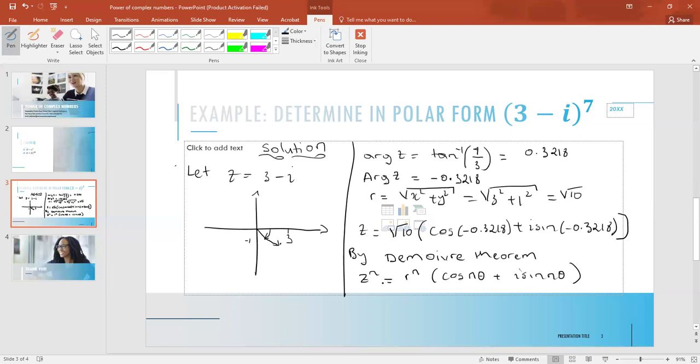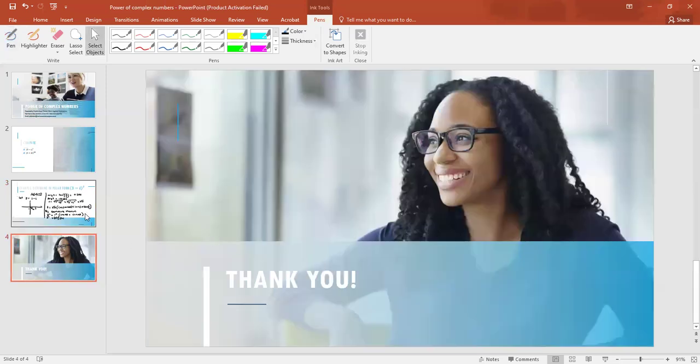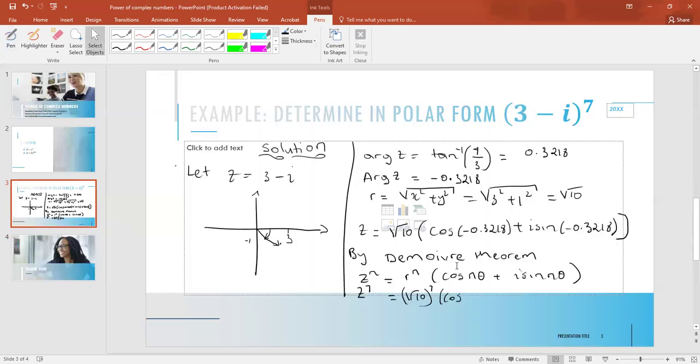So if in this case our n is 7, our complex number to the power 7 will be equal to the square root of 10 to the power 7 times cosine of n times the angle, and our n is 7, so 7 times minus 0.3218.